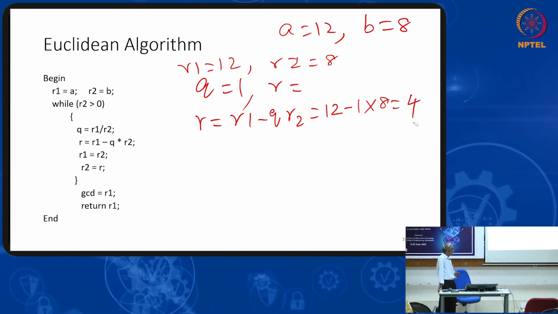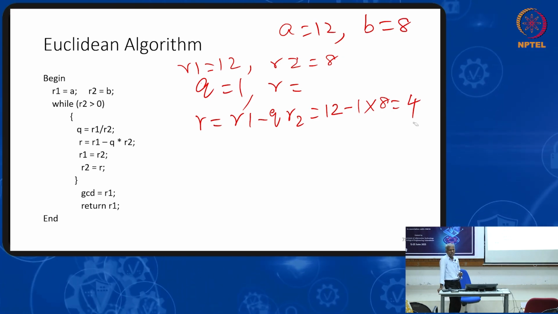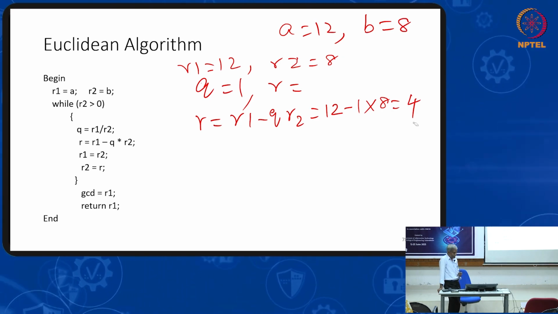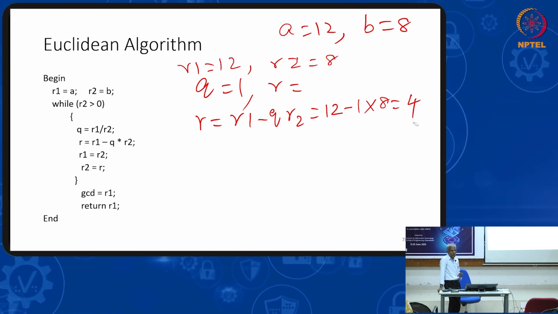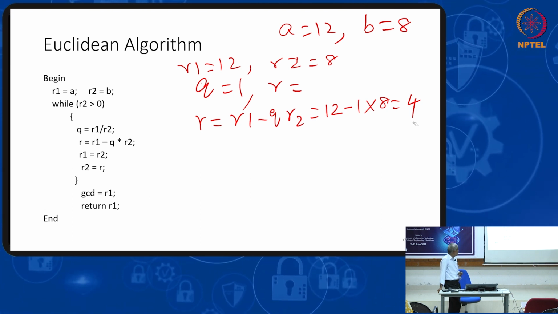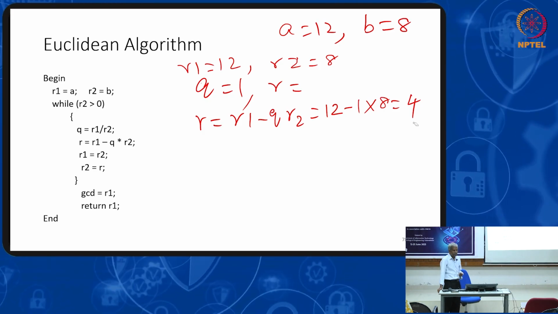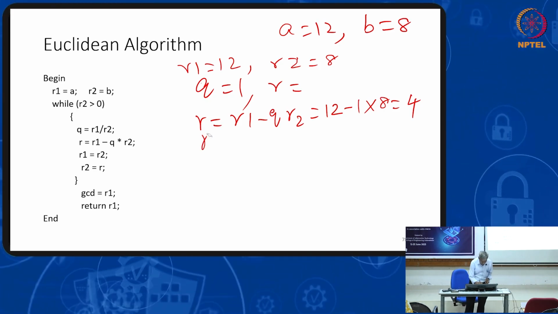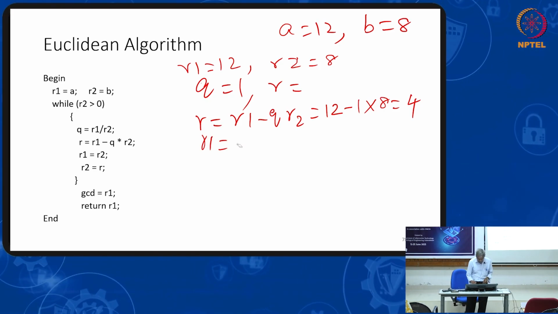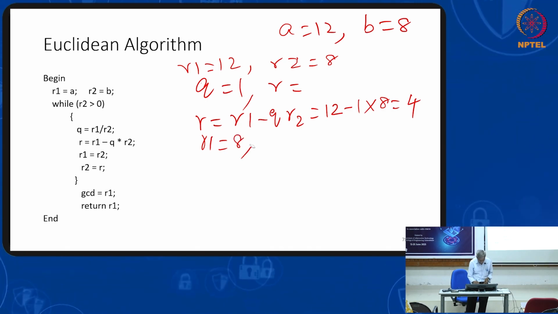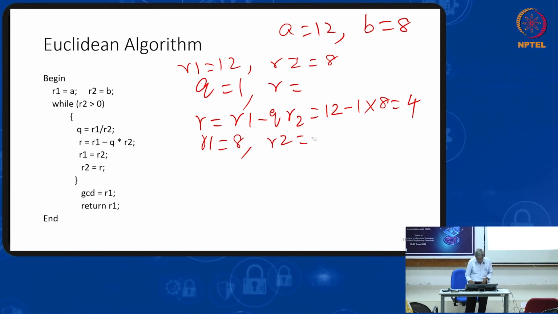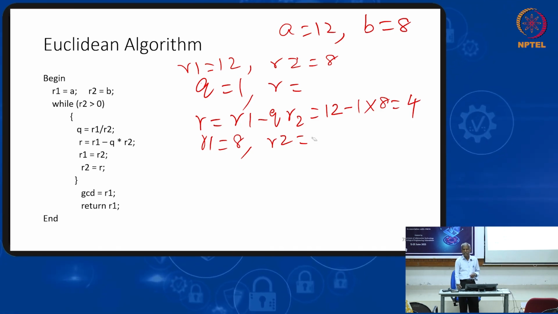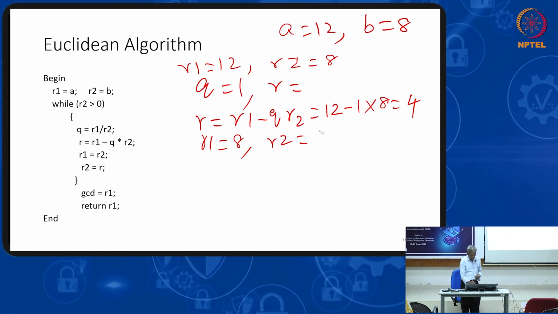Inside the while loop, which step am I in? R equals. What is the next step? R1 equals R2. So R1 equals, currently R2 is 8. R2 equals R. R is how much? 4.